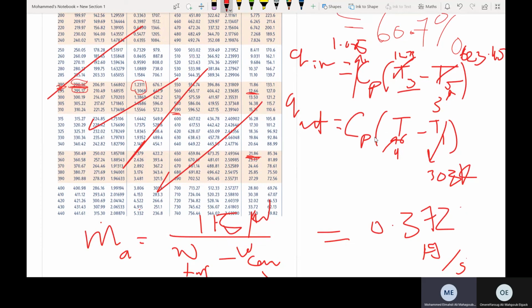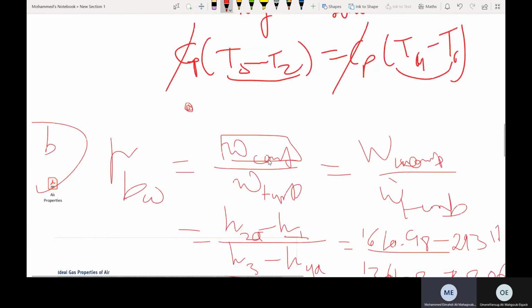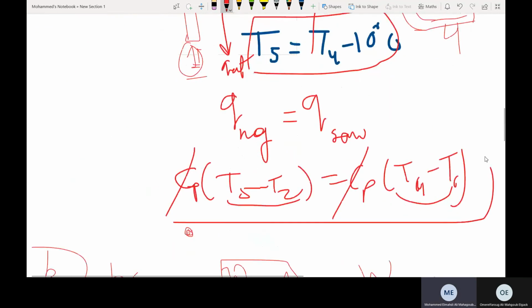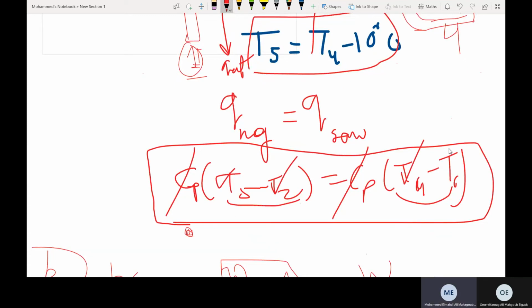What is T6? Use the second principle that I told you about, that Q regenerator is equal to Q saved. T5 is known. T2 is known. T4 is known. T6 is left. Cancel the Cps.